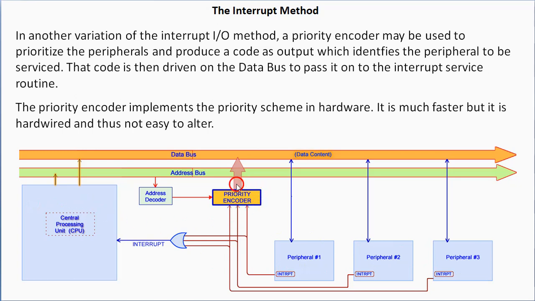So the priority encoder is a very simple combinational logic hardware that simply prioritizes the lines that may be active at its input and produces a code at the output when it is enabled, of course, to indicate which one of the input lines among those which are active has the priority.